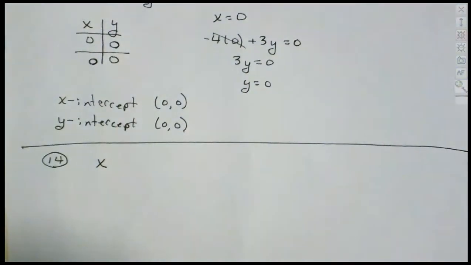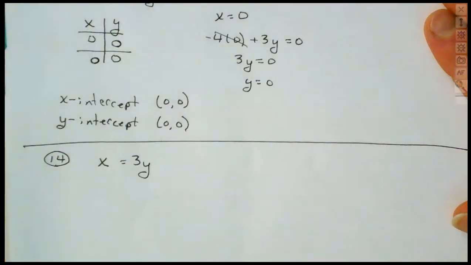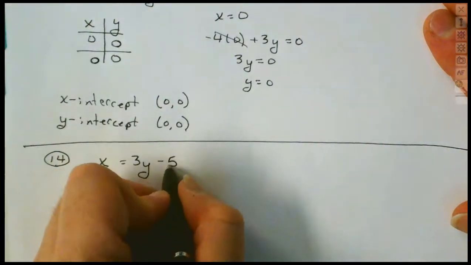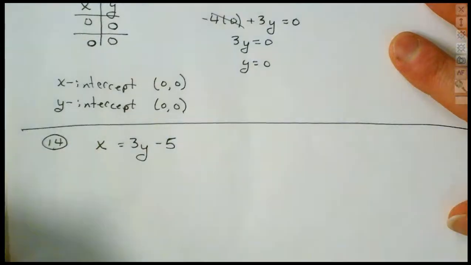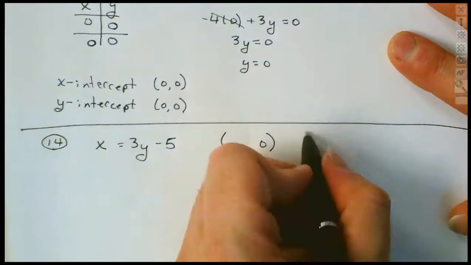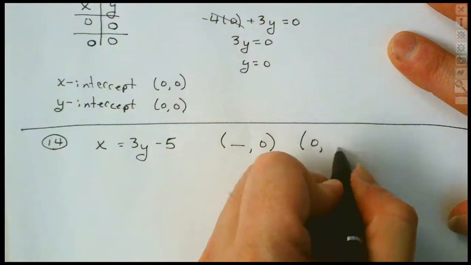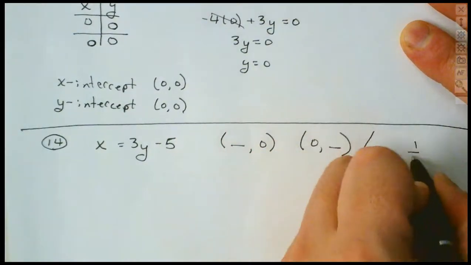If you read the directions, it says complete the ordered pairs and plot the points to draw the line through them. So we've got x equals 3y minus 5. And we need to fill in the blanks. So we've got (blank, 0), we've got (0, blank), and we've got (blank, 1/3).